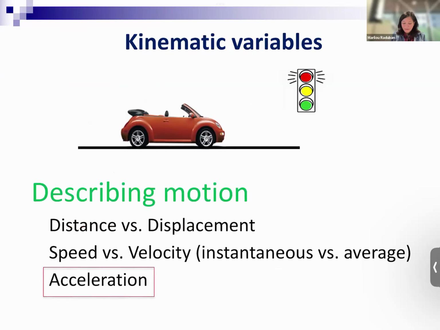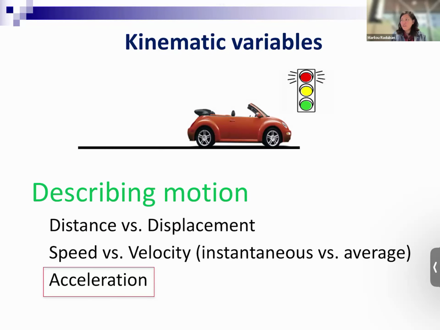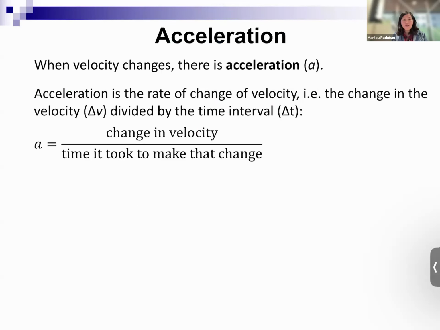So now that we've defined speed versus velocity, let's now define acceleration. Acceleration happens when velocity changes. The formal definition of acceleration is the rate of change of velocity. When we say rate, it's how quickly something changes. It's something divided by time.